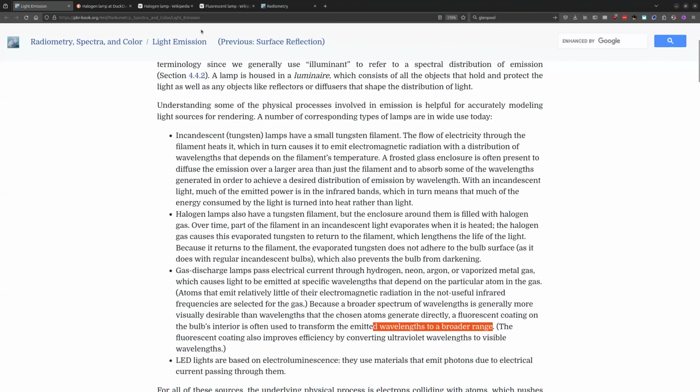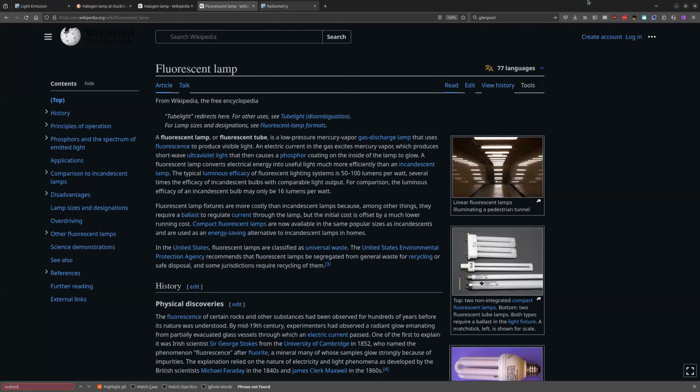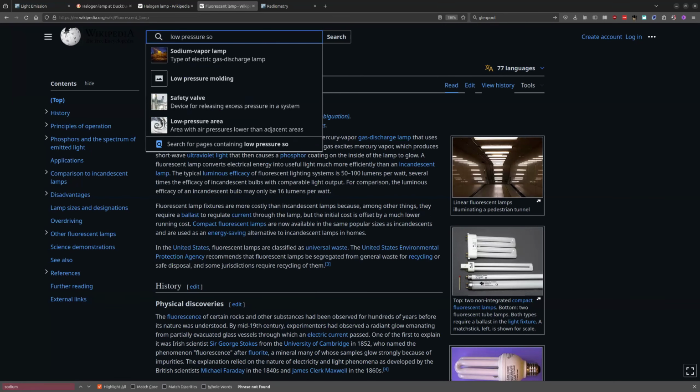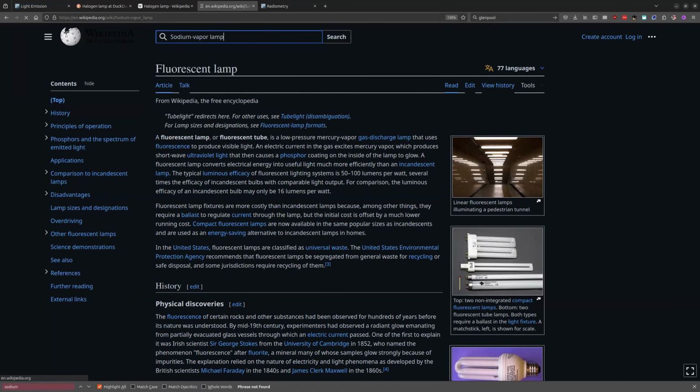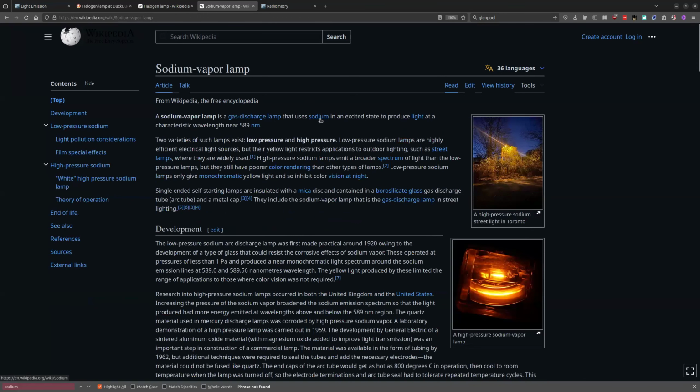What about sodium? So I'm thinking, where's the search bar? Low pressure sodium vapor lamp. Okay, it's also a gas discharge lamp that uses sodium.